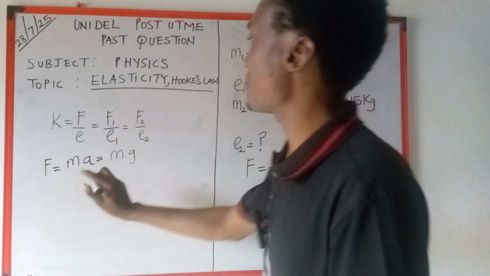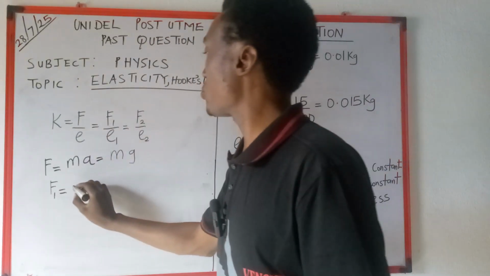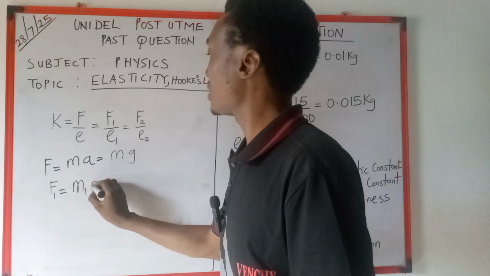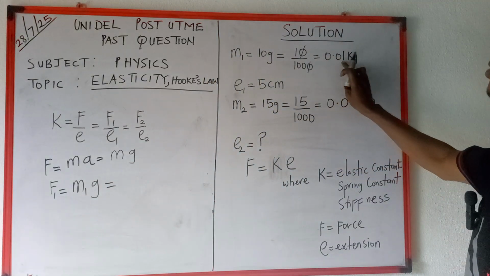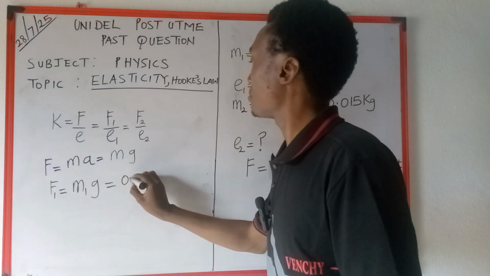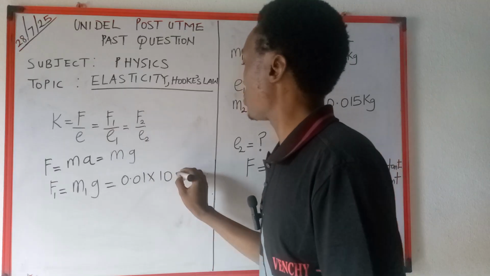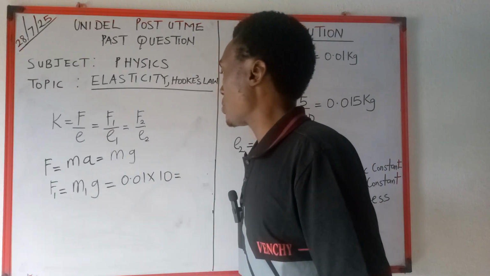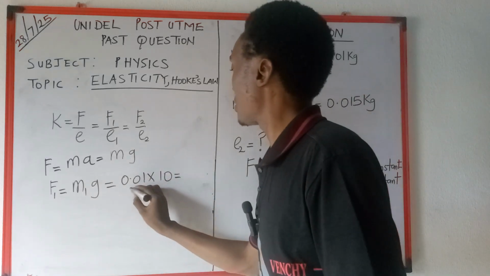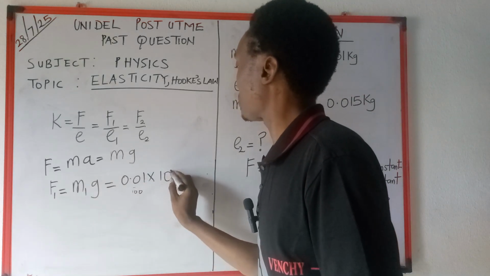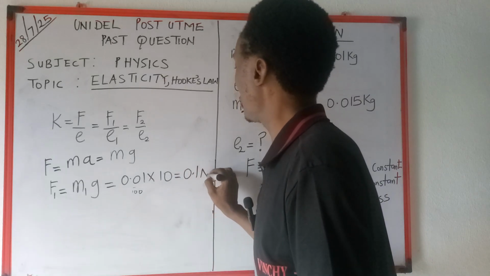Let's start with F1. F1 is m1 g, and m1 is 0.01, times 10, which gives 0.1 Newton.